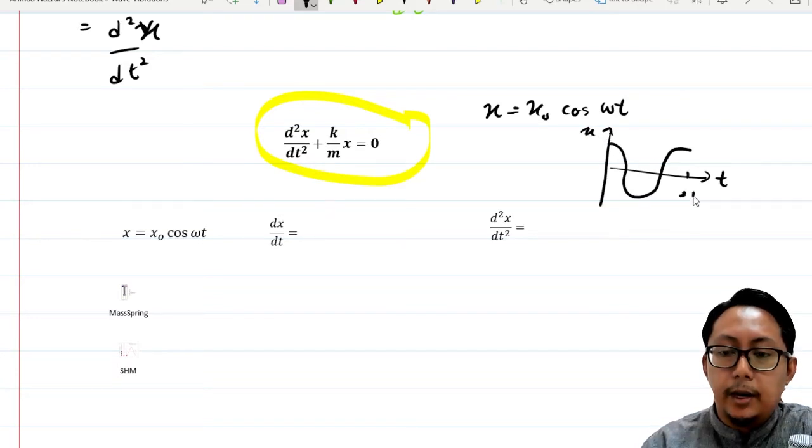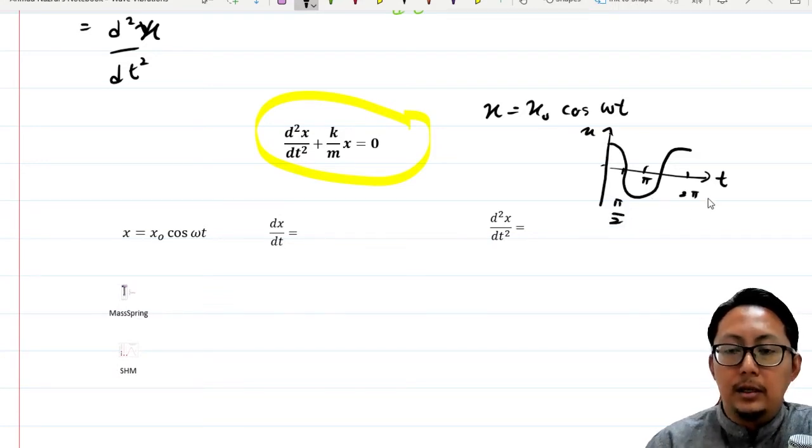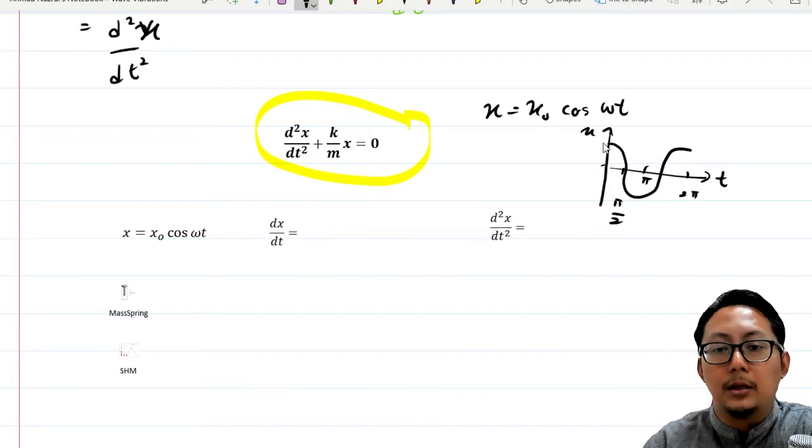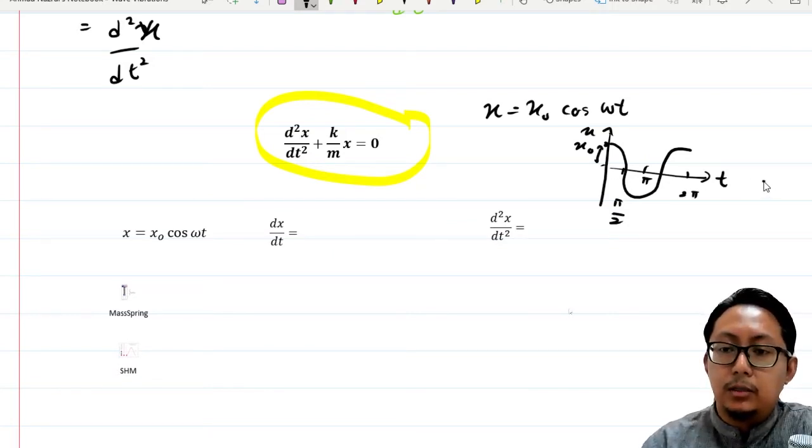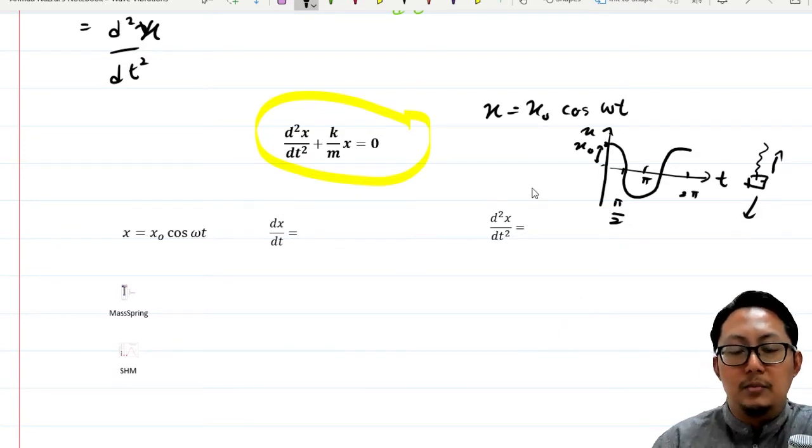Here is 2 pi, and this is pi, pi over 2 is 90 degrees, then 180 degrees, 360 degrees. The maximum will be here, x naught, the amplitude. Because the mass spring system will oscillate up and down, something like a wave.